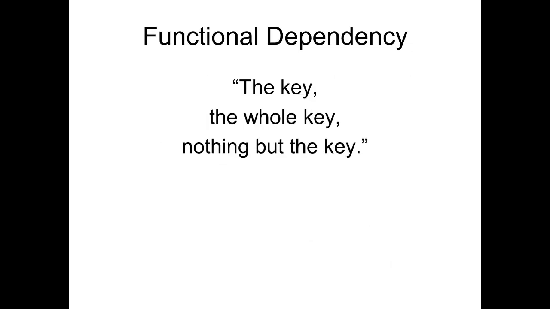Here's a phrase you can use to remember the rules around functional dependency in a relational database. Any non-primary key attribute should depend on the primary key, the whole primary key, and nothing but the primary key. As we will see later in this video, normalization is a method we can use to ensure that these rules hold for a given relational database.